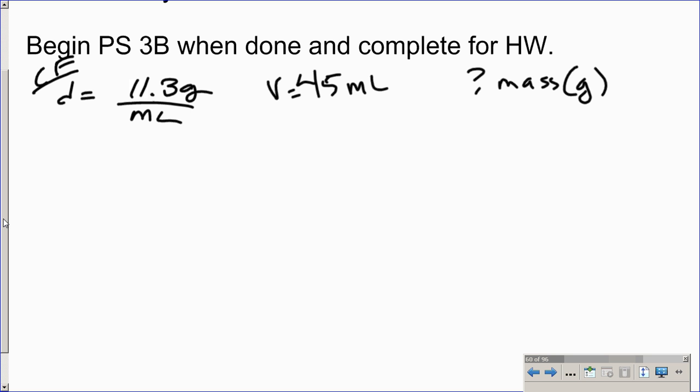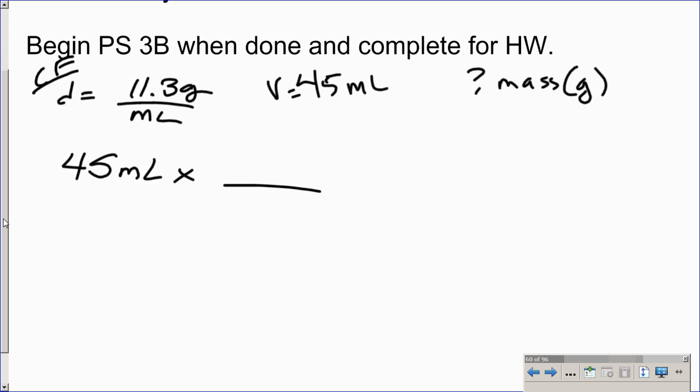So you're given a conversion factor in plain sight. It says, density, 11.3 grams per milliliter. You're given volume, or milliliters, to start with, and they ask for mass. All right, so what am I starting with? What's my fact I'm starting with? Right, 45 milliliters multiplied by, because I'm going to solve this via dimensional analysis, something that allows me to cancel milliliters.